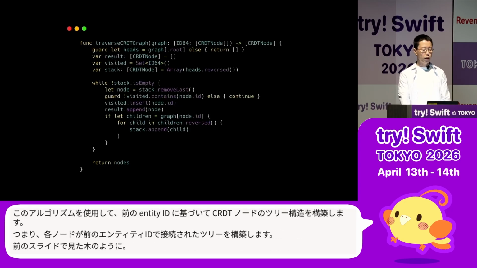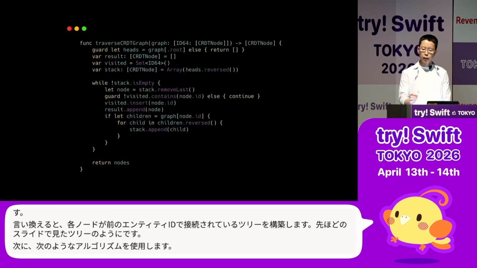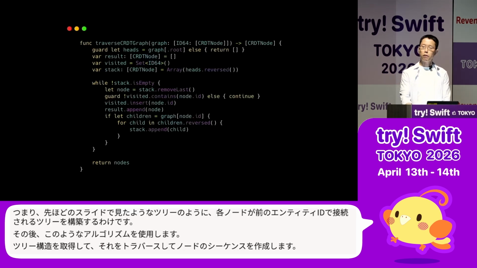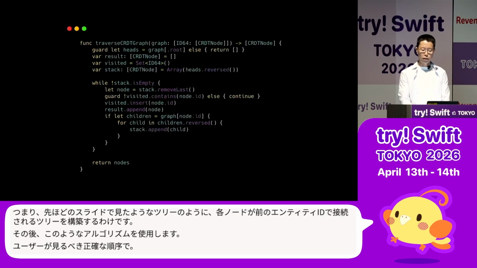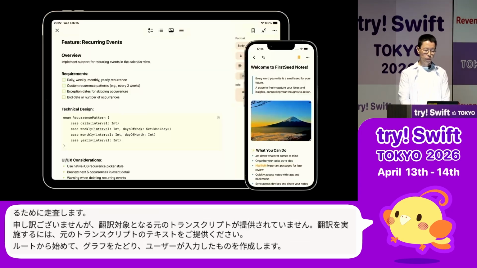We then use an algorithm like this, which takes that tree structure and traverses it to make a sequence of nodes in the exact order that the user should see. So we start from the root, and we walk through the graph and recreate what the user typed.